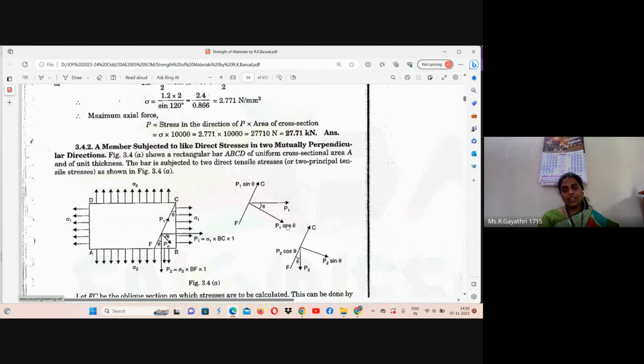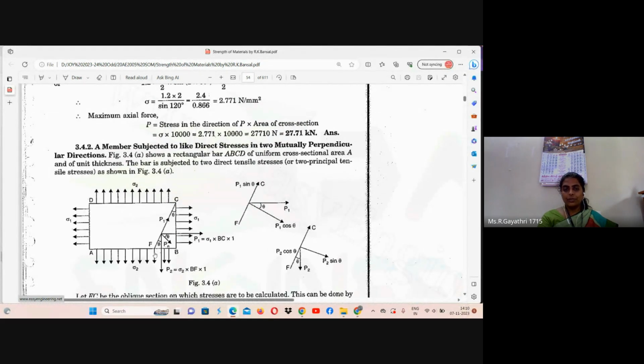So P1 cos theta will be perpendicular to plane FC, and the other component, parallel to FC, is P1 sin theta. This is about the components of force P1.